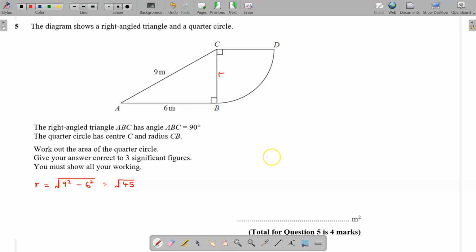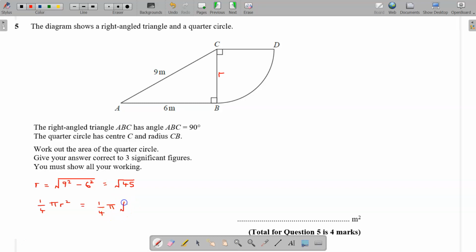Just leave it as root 45, because then we're going to use the fact that the area of a quarter circle is a quarter of pi r squared, because the area of a circle is pi r squared, which is a quarter of pi times, well, you're squaring root 45.